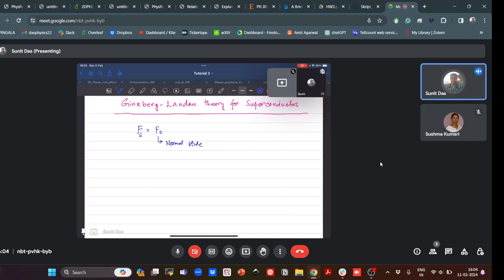And then we had plus alpha psi square plus beta by 2 psi to the power 4, where alpha and beta are some temperature dependent constants. Precisely, we consider only alpha to be a temperature dependent constant, and beta is beta 0, which is purely constant.